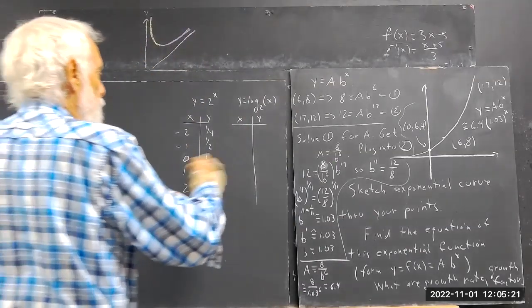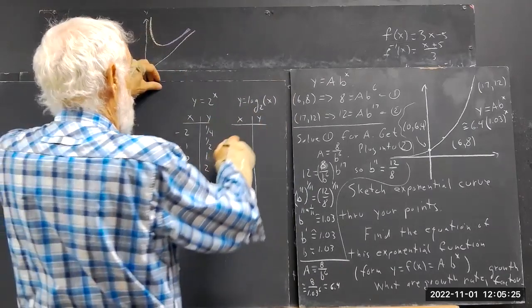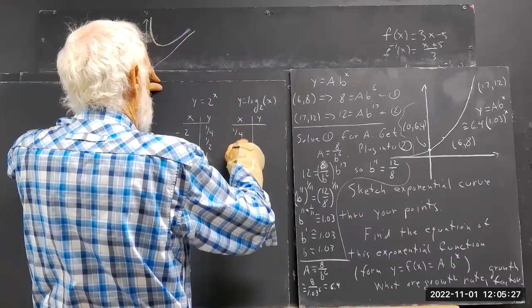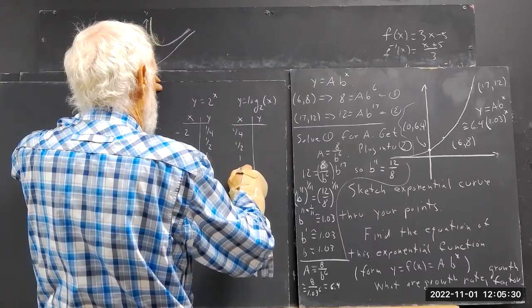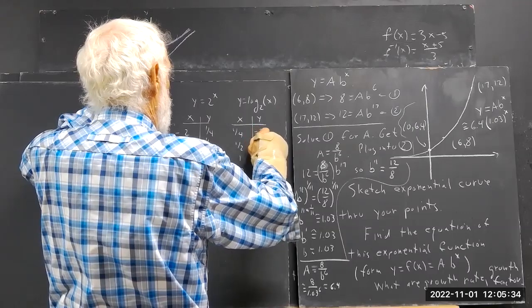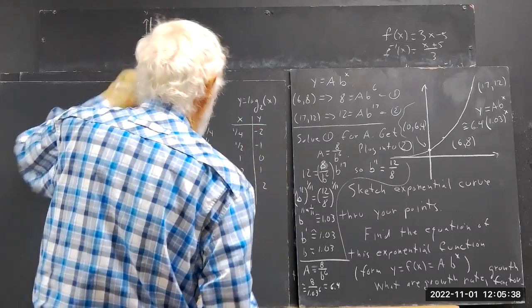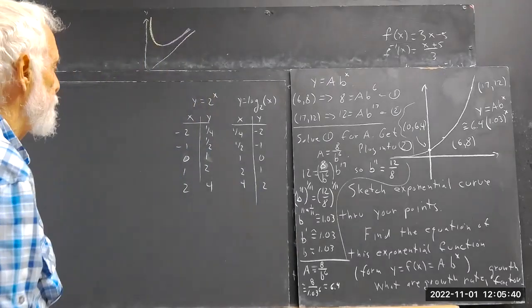Log base 2 function, it's the inverse of the exponential function. So you just switch the x and y, and you have this.